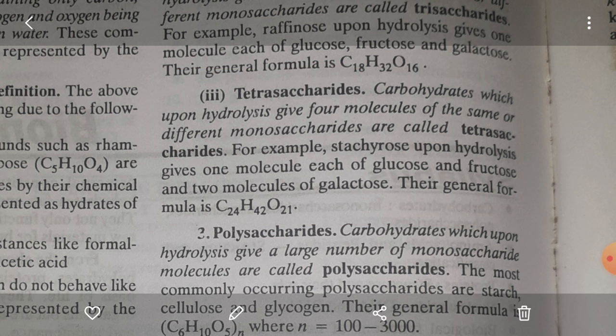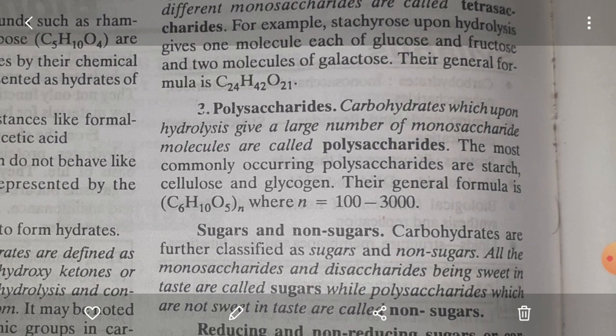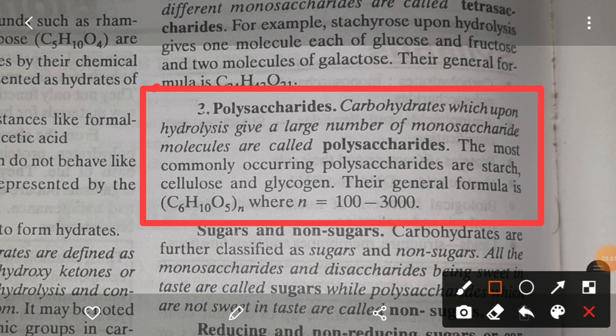We will move to the next classification, that is polysaccharides, the carbohydrates which upon hydrolysis give a large number of monosaccharide units.